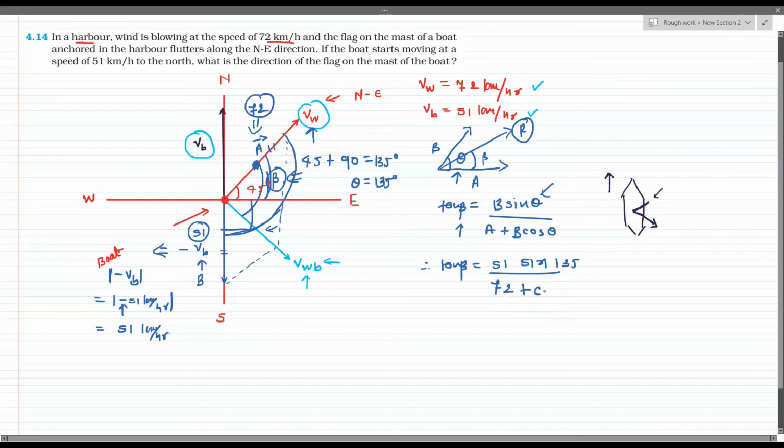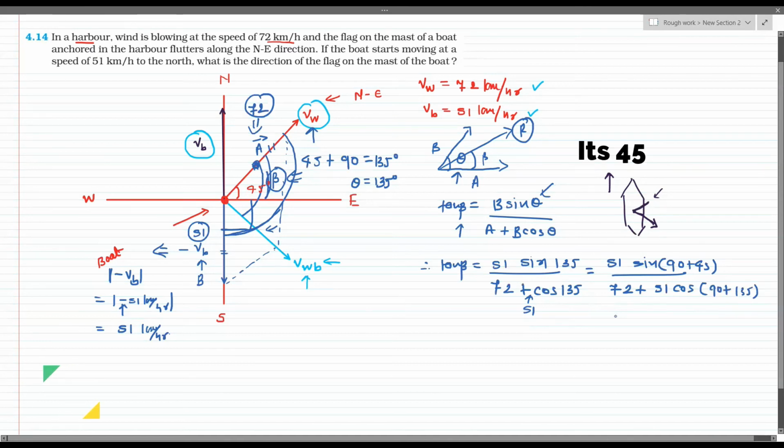So tan beta equals 51 sine 135 upon 72 plus 51 cos 135. You can solve it by simple trigonometric functions: sine 135 is sine of 90 plus 45, and cos of 90 plus 45.